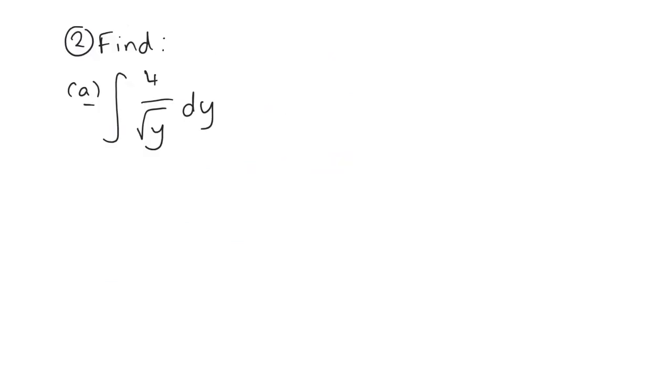Now usually you will be integrating things with x, but you can integrate any letter. Notice in this one here, we're integrating 4 over the root of y. So now we have a dy because we're integrating y's. Again, we know that root y equals y to the power of a half. So when I bring that up, that's going to become 4y to the power of minus a half.